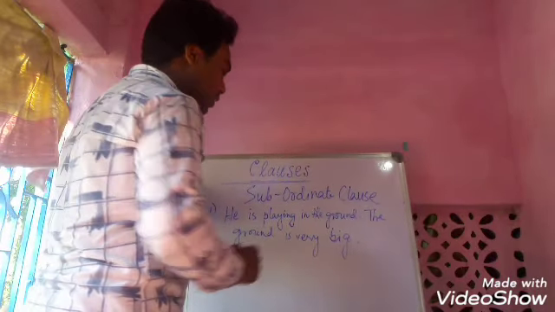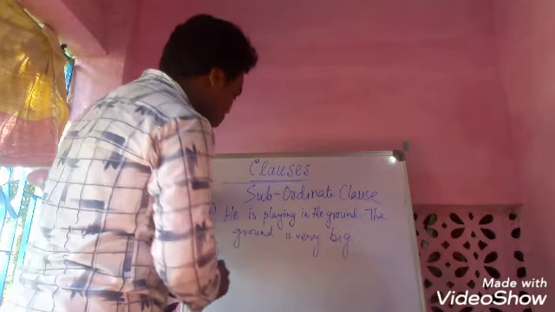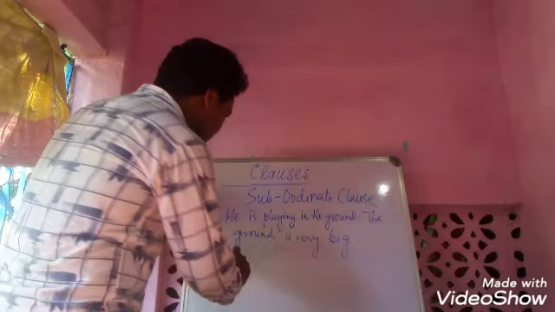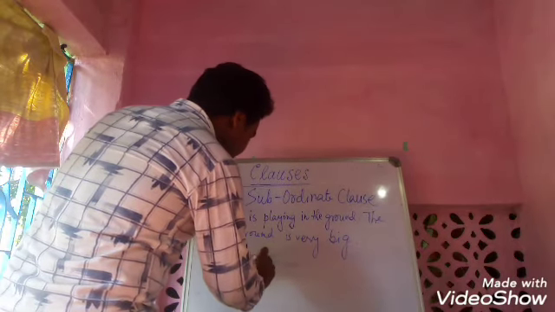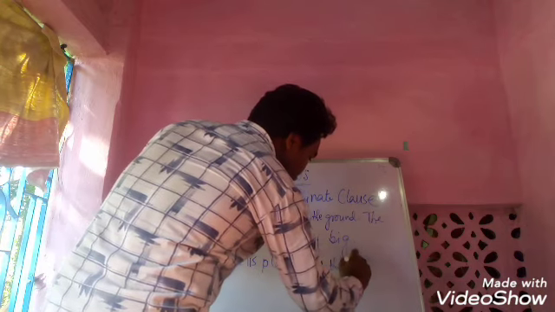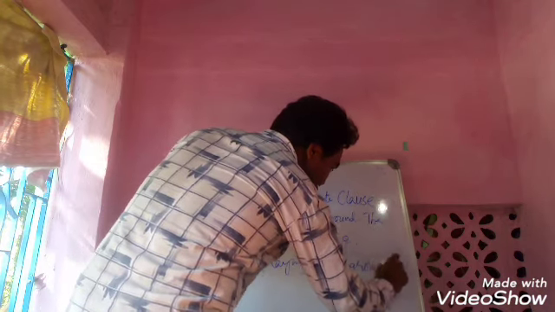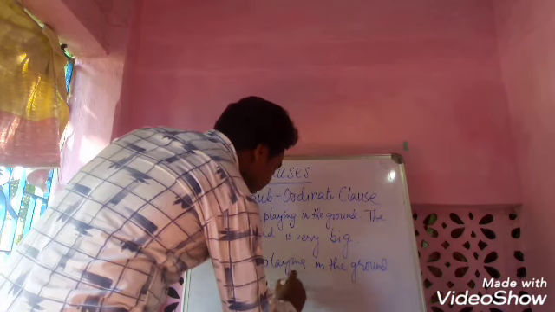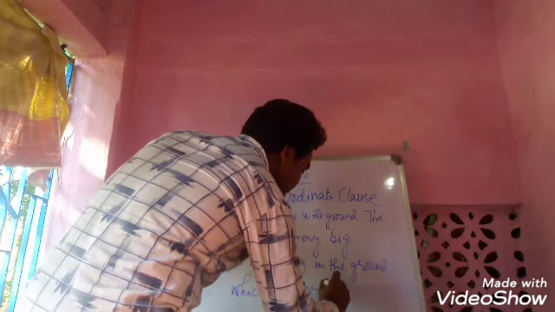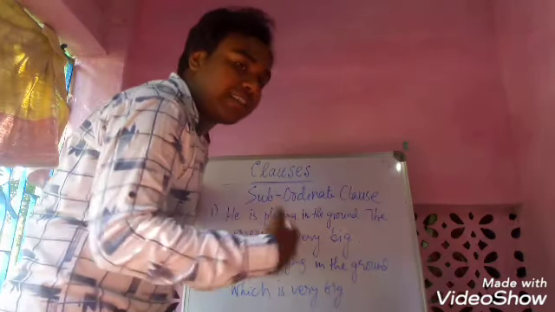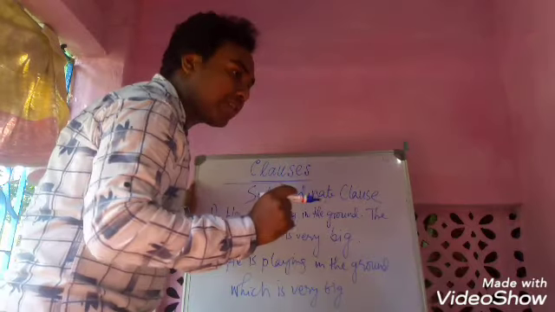He is playing in the ground which is very big. This is how we can join using a complex sentence. This is a complex sentence.